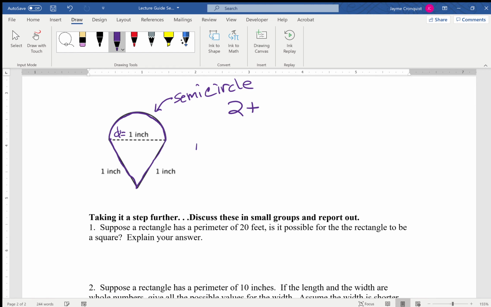So we're going to just use pi d, but half of it because it's a semicircle. It's half a circle. So we end up with pi over 2. So we're going to put that in our calculator. 2 plus 3.14 divided by 2. I have 3.57. And notice this is in inches.